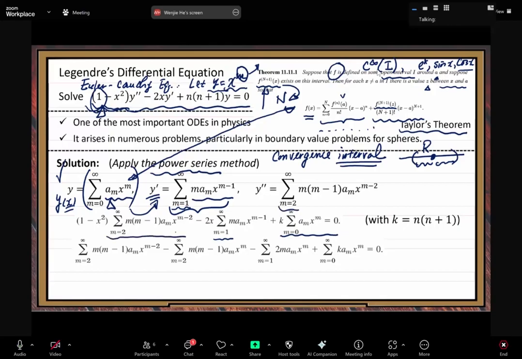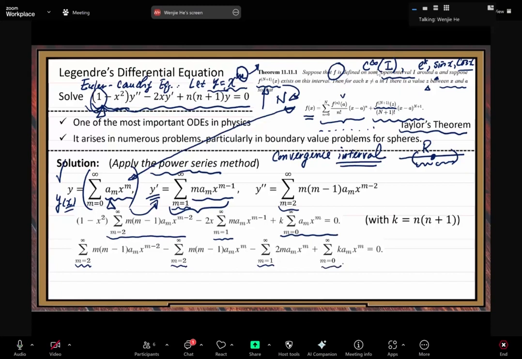But when you add them up, you can see some of the summations start from 2, some start from 1, then some start from 0.